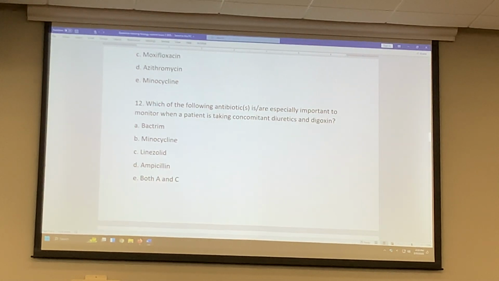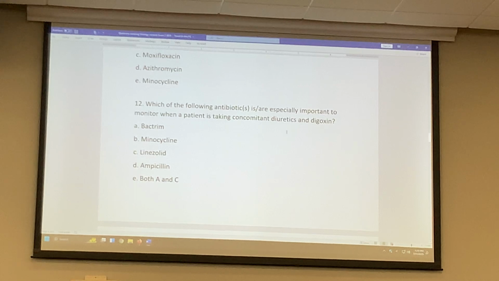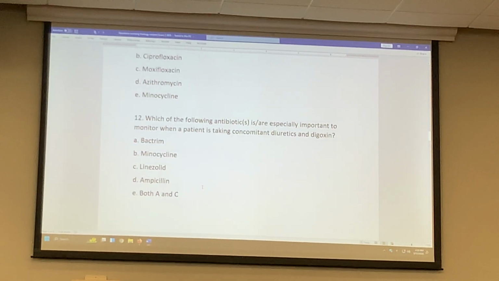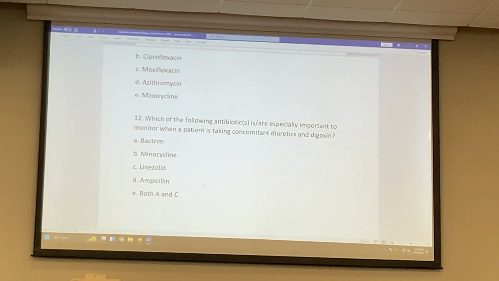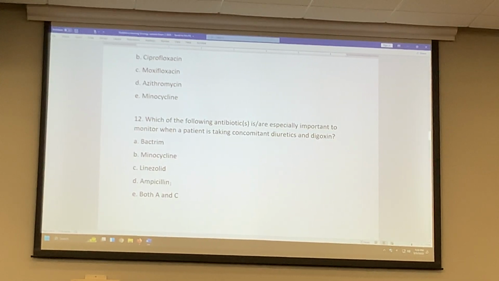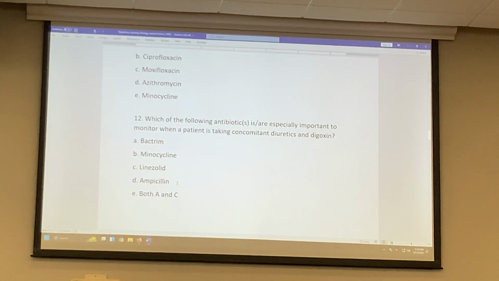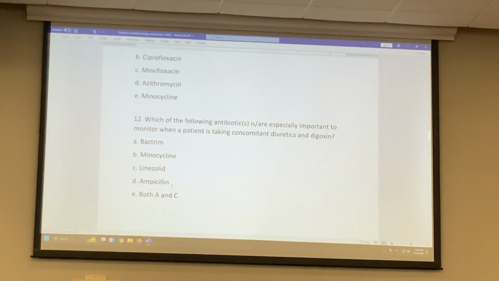Okay, which of the following antibiotics is or are especially important to monitor when a patient is taking concomitant diuretics and digoxin? Is it Bactrim, minocycline, linezolid, ampicillin, or A and C? So let's look at this. If you think about ampicillin, is there anything that reminds you there is an issue with diuretics or digoxin?